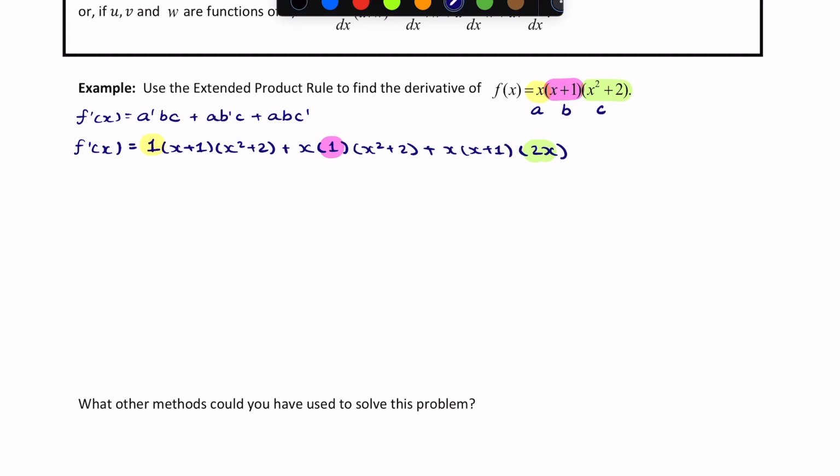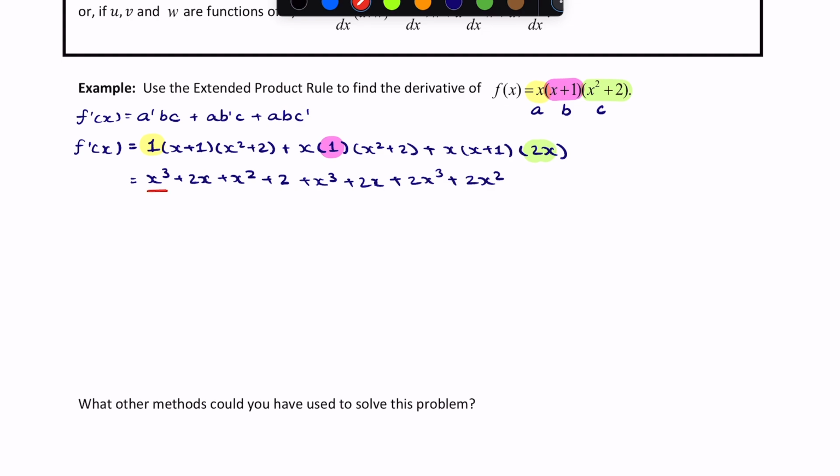And so here, if we expand, we get x cubed plus 2x plus x squared plus 2, and then here plus x cubed plus 2x, plus 2x cubed plus 2x squared. And so we can collect some like terms here.